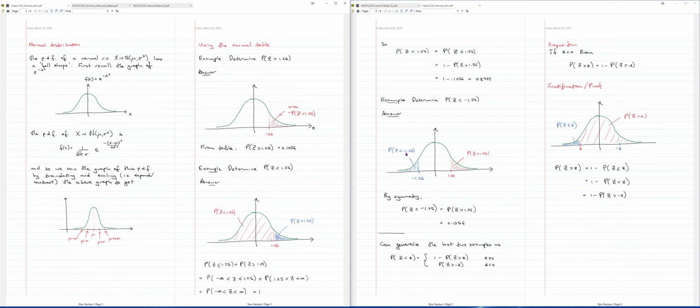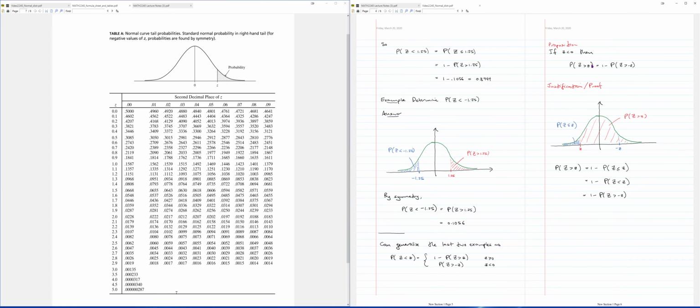If this is negative, you hit it with a negative sign, and that would make it positive. So the minus z is going to be positive, and really you're in this sort of case over here. That is what this second one does for you.